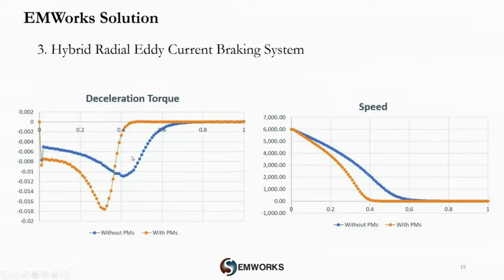With the permanent magnets, you can actually stop much earlier because you're going to produce higher torque and it is going to go to zero much earlier. You can see it clearly in this figure. The one with permanent magnets stops much faster than without.